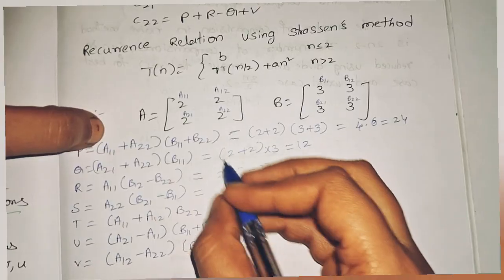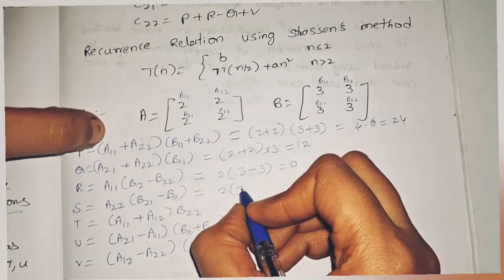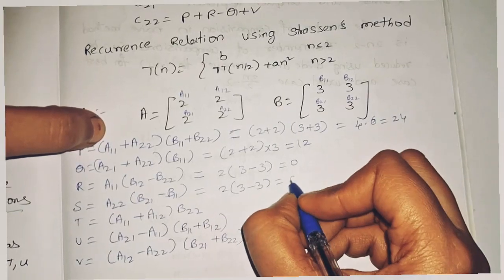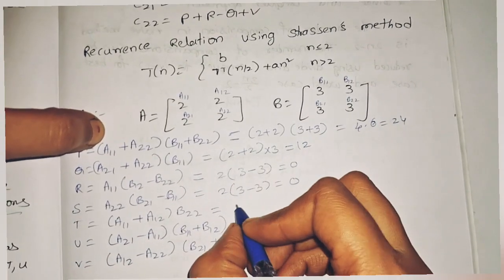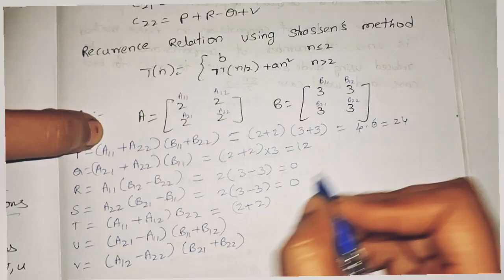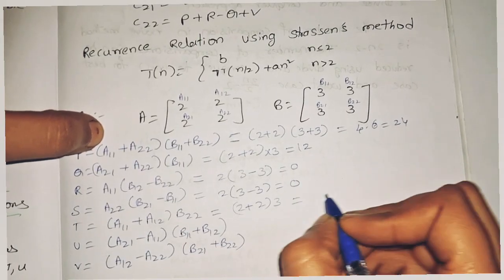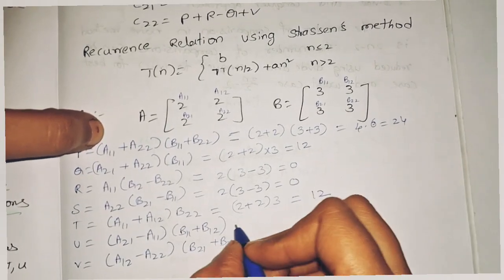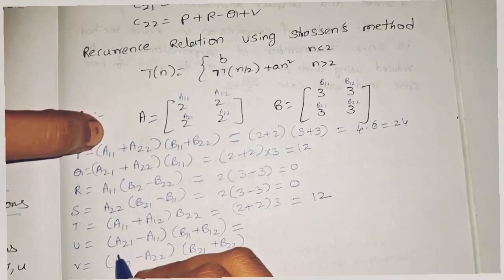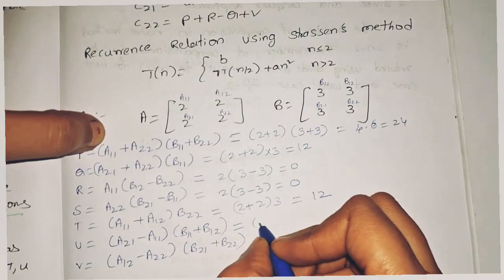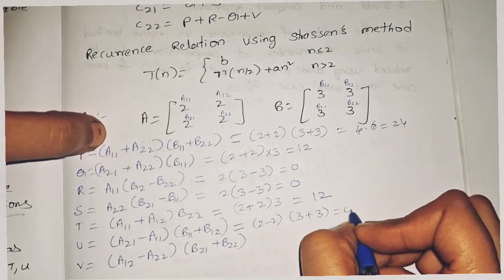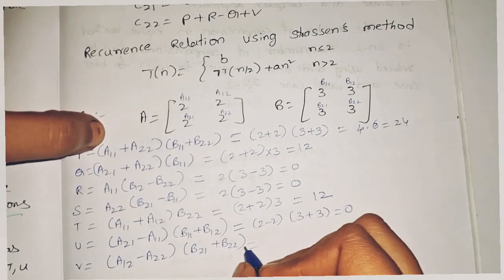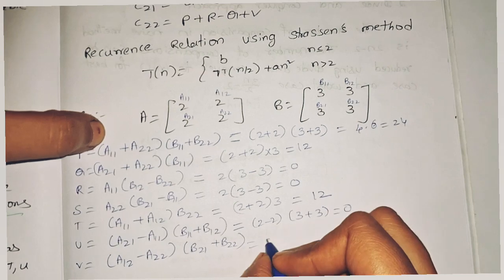So A22 is 2 into 3 minus 3, that is 0. And T equals 2 plus 2 into the B22 value, that is 3. So 4 into 3 is 12. Then A21 minus A22, so 2 minus 2 into 3 plus 3, that is 0. So here also it will yield the value 0.